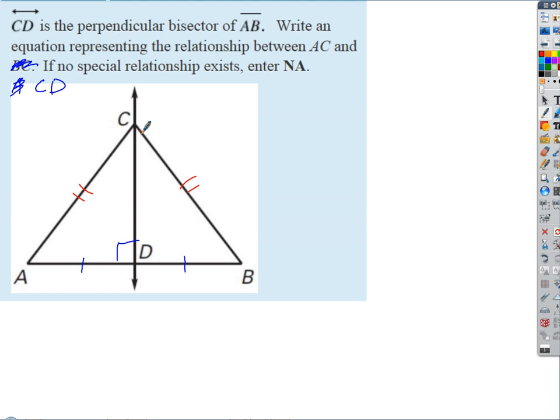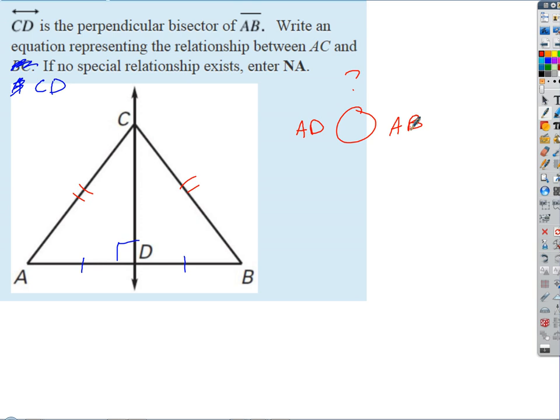The only thing we really know about the sides is that that one and that one are congruent. We could probably determine some other stuff. How would AD be related to AB? Could we come up with a relationship there? So you fill in the blanks. AD what?